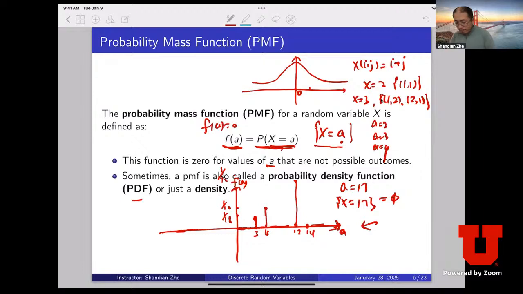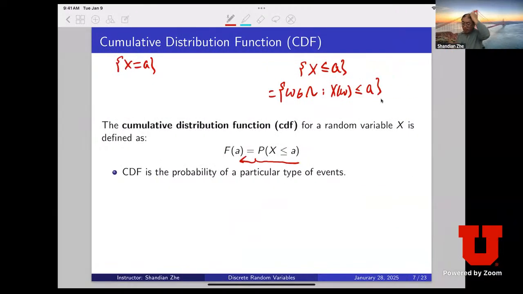Okay, and then we have another commonly used function in probability theory. It is called the cumulative distribution function, CDF, right? So CDF is a probability for another type of event.